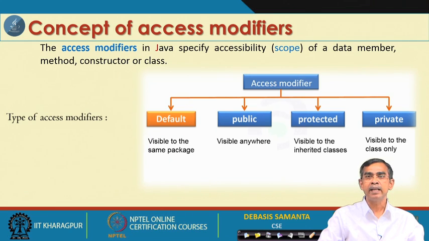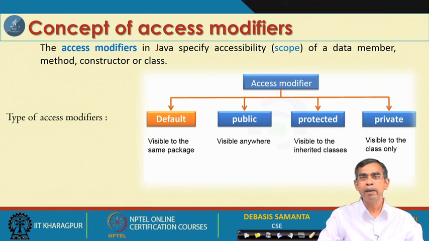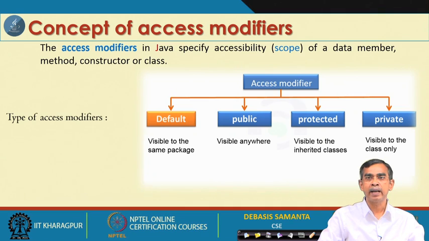That means any class, or any method belonging to any class, can access that kind of member. On the other hand, if it is protected, then that member cannot be accessed by all classes; it can be accessed by any method that belongs to any inherited subclass.